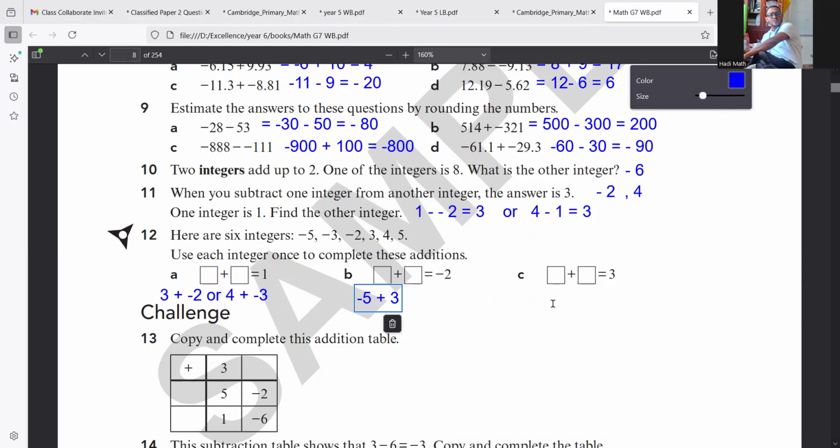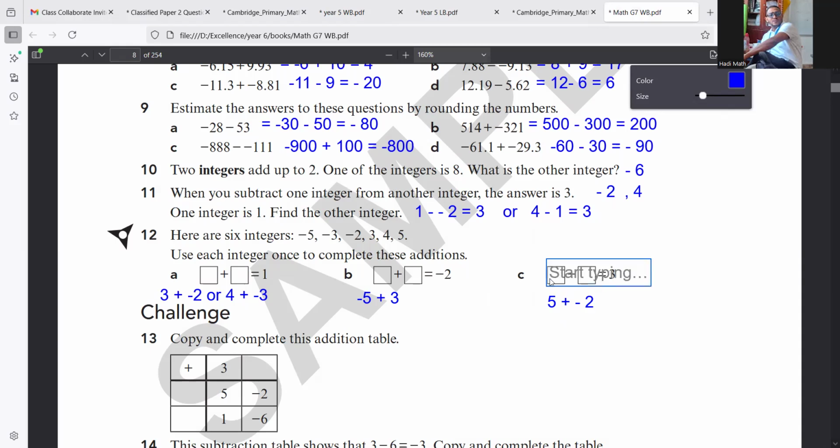Now the other sum, two of them should give us 3. -5 will not give you 3. Then the bigger one is positive because this is 3, so it should be 5 plus -2. 5 plus -2 will give us 3. Then 4, no chance. For 3, no chance.